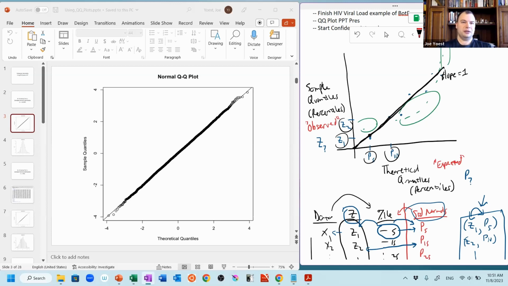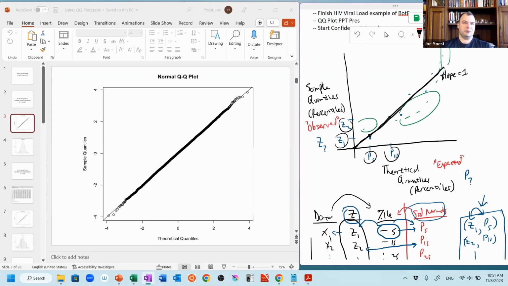So the best reasonable case scenario, of course the perfect scenario is everything falls exactly on that 45-degree line, is most points fall pretty close to the line, and the deviations are effectively random. Whether they fall above or below is random.